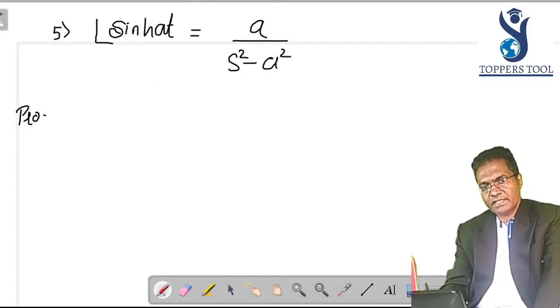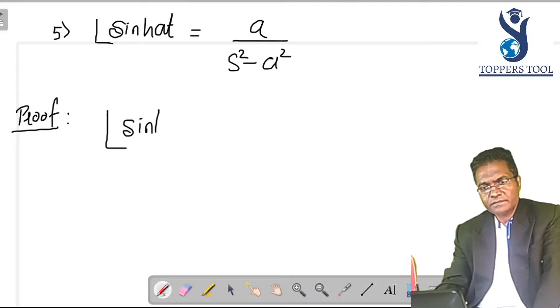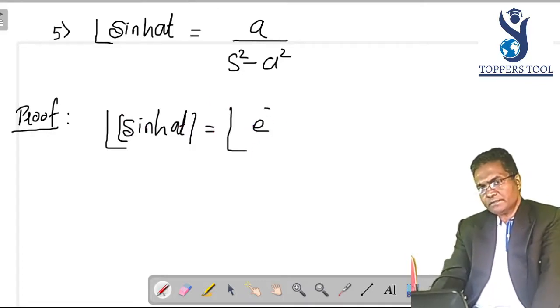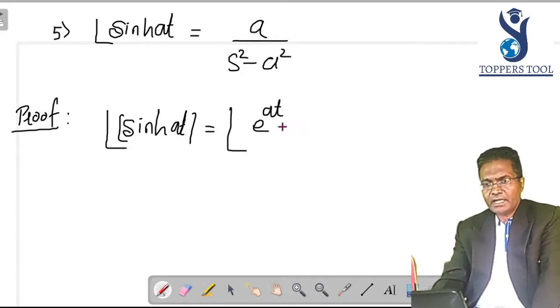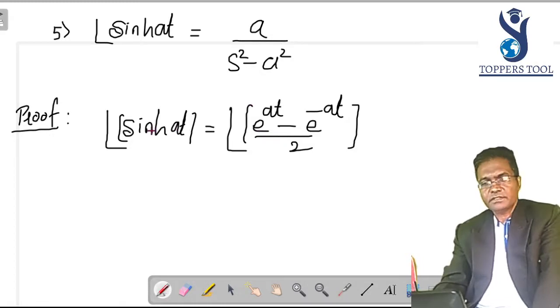Here it can easily be proved without using the basic definition of Laplace transform. Okay. As we know, sine hyperbolic at can be defined as e power at minus e power minus at by 2. This is the definition, or exponential form, of sine hyperbolic.